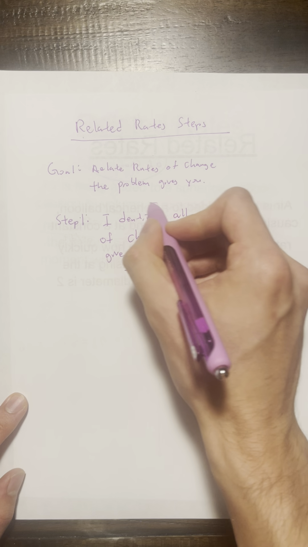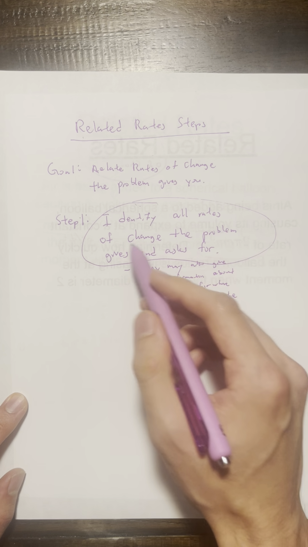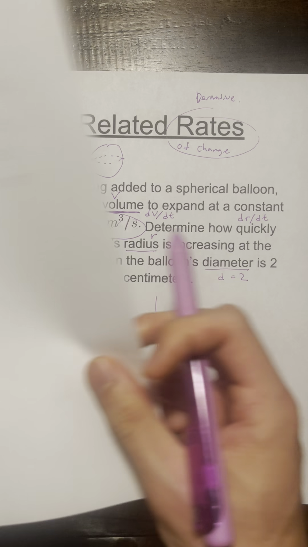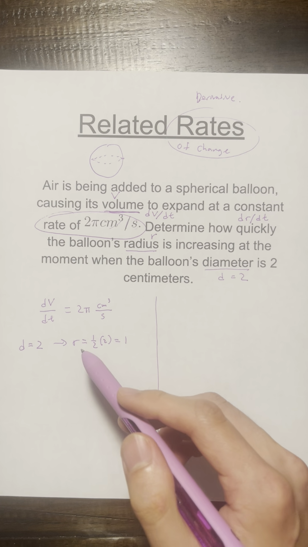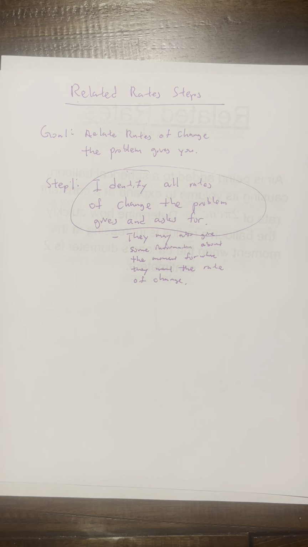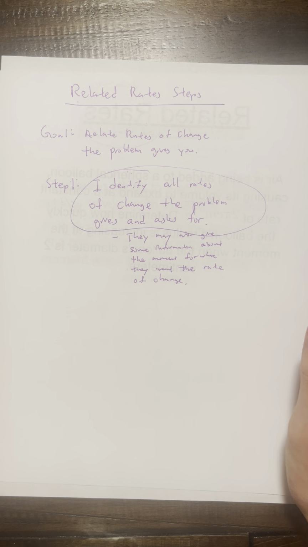But yeah, this is super important. Identify all the rates of change the problem gives and asks for. They might give you some extra information here, and you might have to use it later. Okay. But what's the end goal again over here? Relate the rates of change the problem gives you.